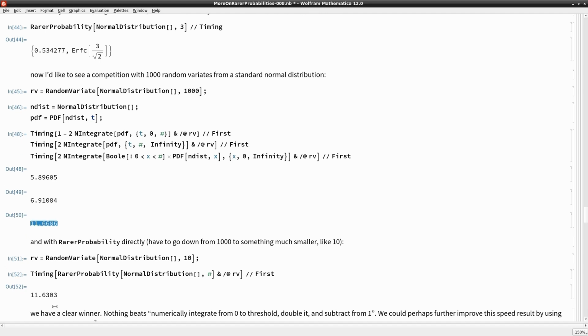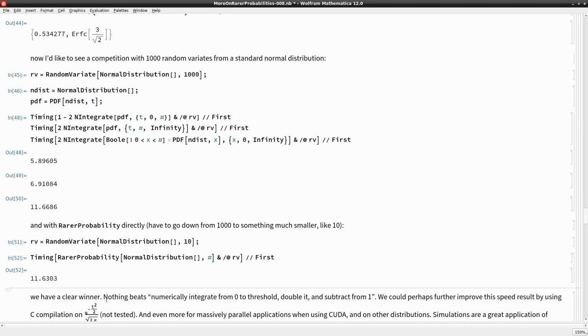So it's about the same result. So in other words, this version is about 100 times slower, right? We use 1,000 samples above, and here we're using 10. It's the same amount of time, 11.6 seconds. So RarerProbability is about 100 times slower than when we are creating these integrals ourselves, exploiting the symmetry here.